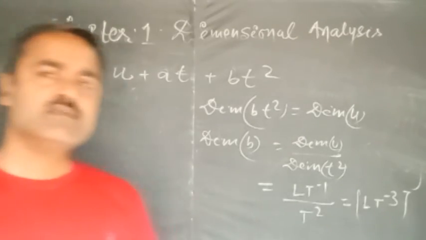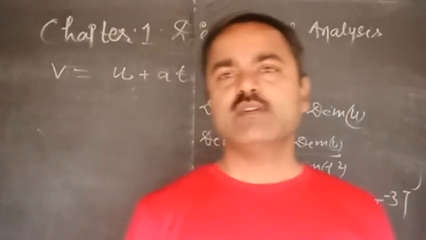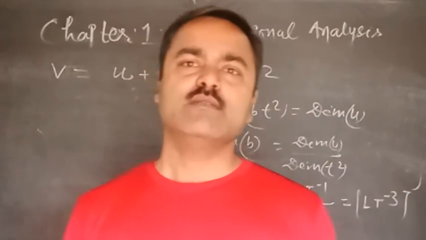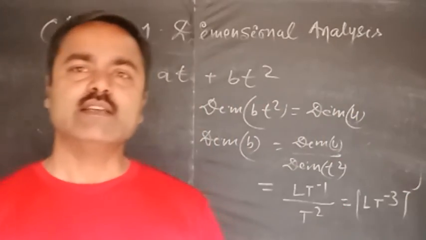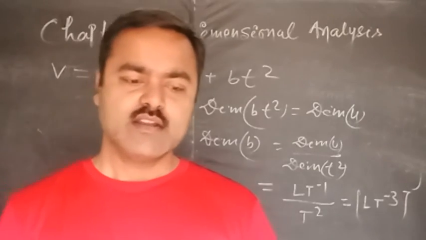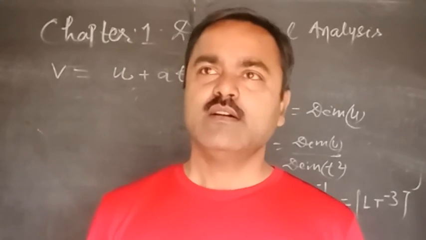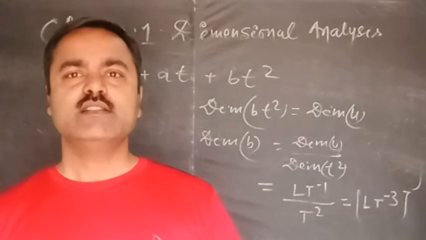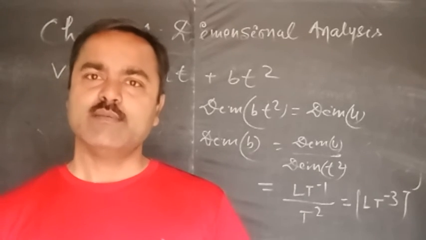So students, here you have seen how to find the dimensional formula of an unknown physical quantity given in an equation or formula, and how to check whether an equation or formula is correct or not by using the dimensional formula.